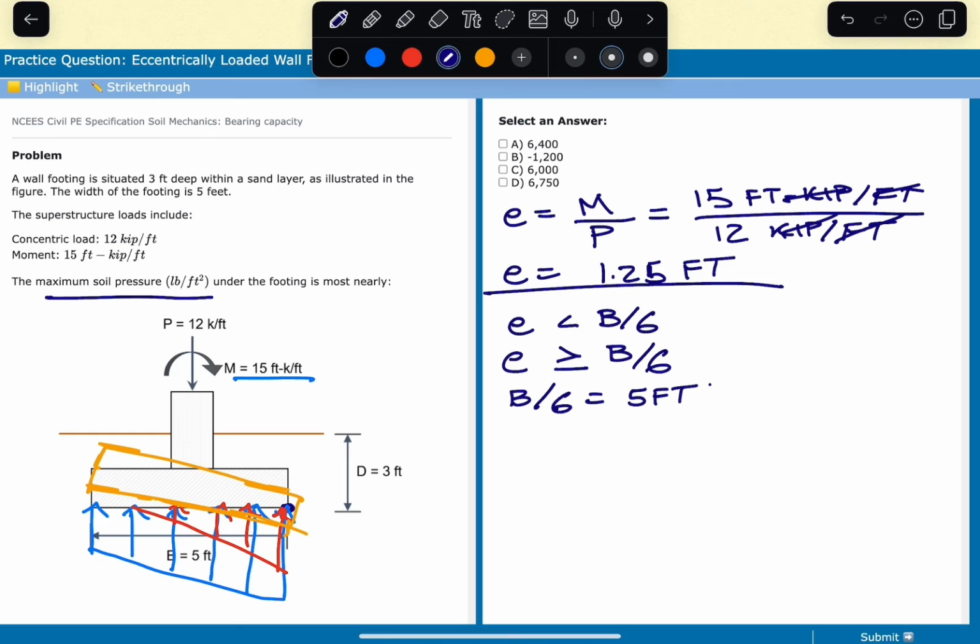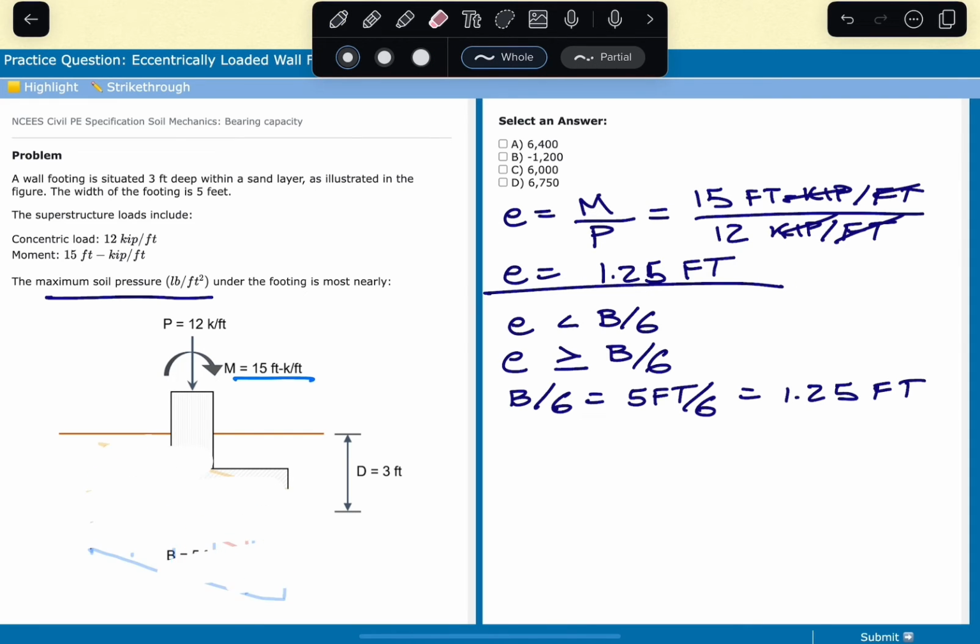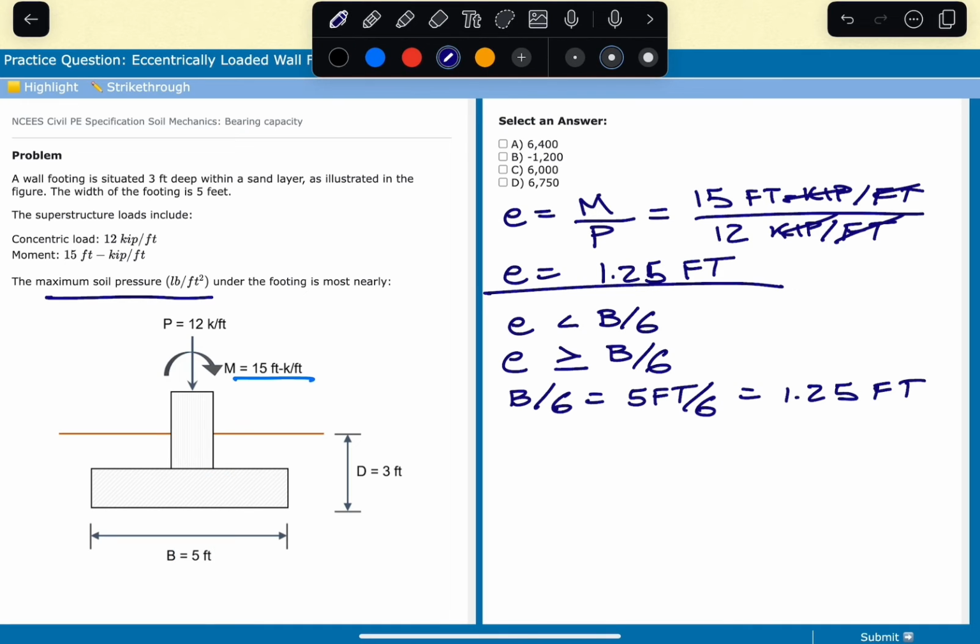So sure enough, we are equal to the eccentricity. Now, what does that mean pictorially? Well, it means we are in the second case, but we're going from 0 in terms of our pressure at the left end to our maximum pressure at the right end.